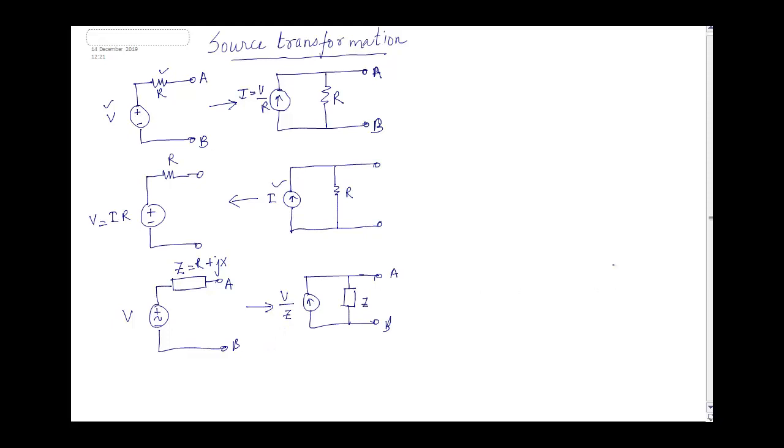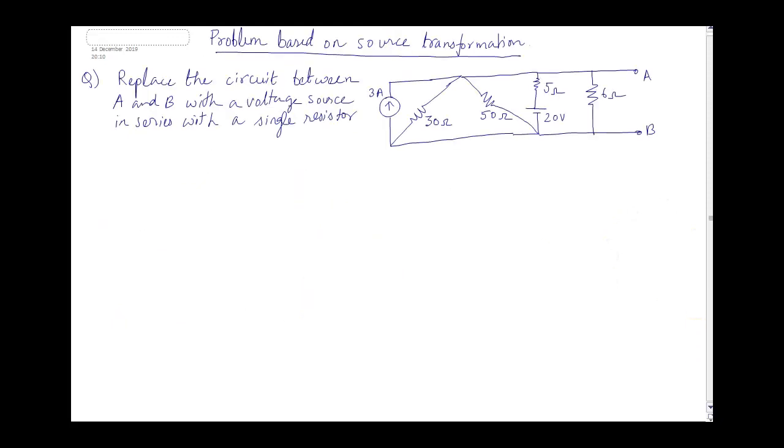Let's look at a problem based on this. So here we have a circuit and we are asked to replace the circuit between A and B with a voltage source in series with a single resistor.